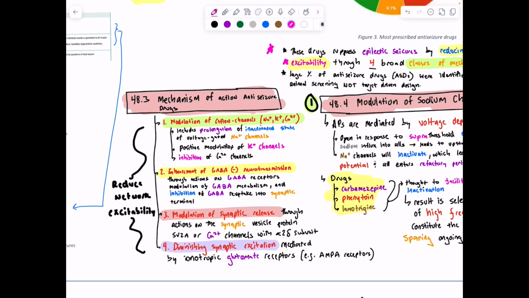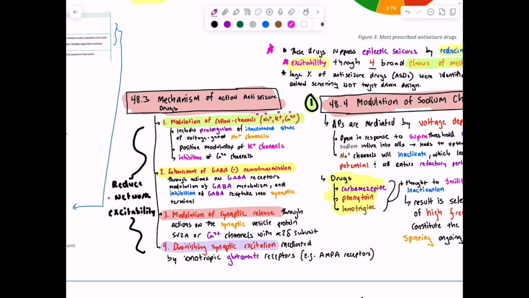So we have 4 different mechanisms, and they all have to do with neurotransmitters to some extent. The first mechanism, and again, the goal is to reduce network excitability for all 4 of these mechanisms, is to modulate cation channels, so sodium, potassium, calcium. If we want to reduce excitability, we want to keep action potentials from occurring so easily.